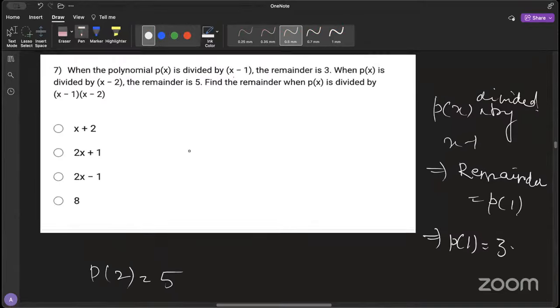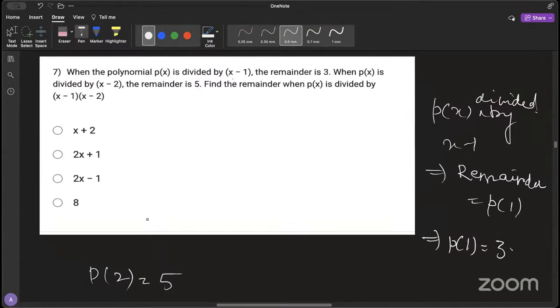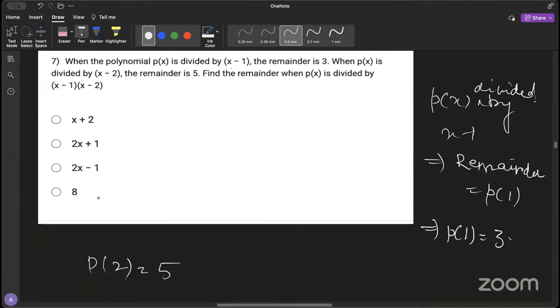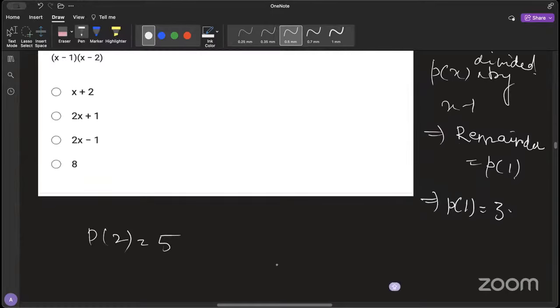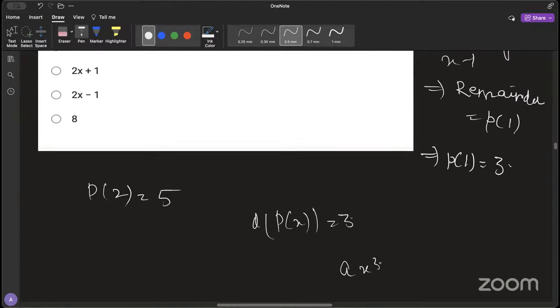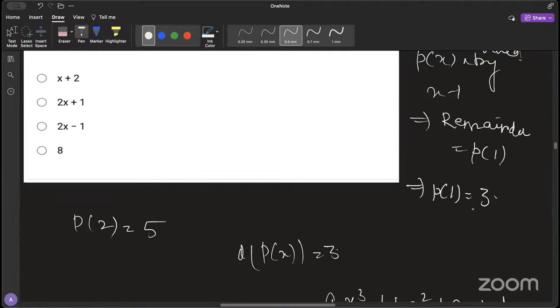There has to be something missing. And I think what's missing here is that all of the factors given to you are generally linear, so I'm assuming that your polynomial is of degree 3. If it's of degree 3, it will be ax cubed plus bx squared plus cx plus d.